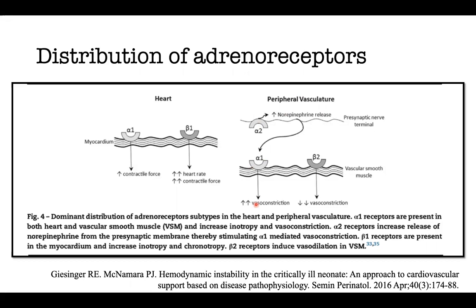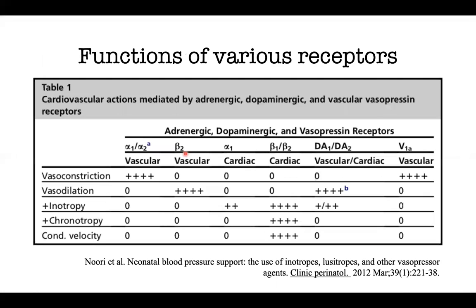So in the heart, you have alpha 1 and beta 1. Alpha 1 causes inotropy, beta 1 causes inotropy plus chronotropy. In peripheral vessels, vasoconstriction is mediated by alpha 1 and vasodilatation is mediated by beta 2. Now, what are the functions of these various receptors?